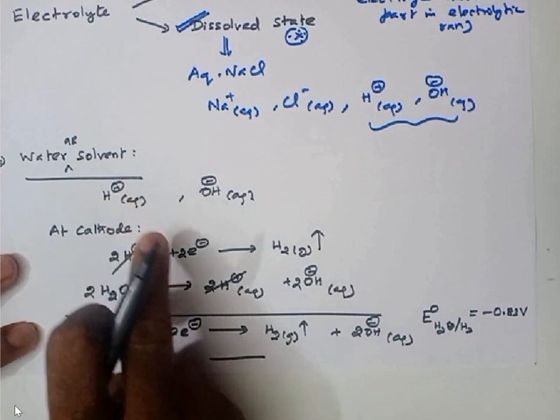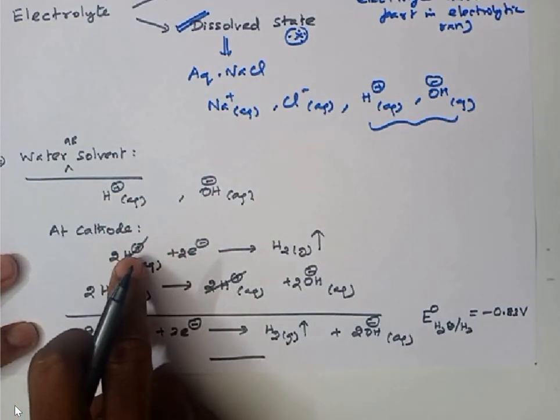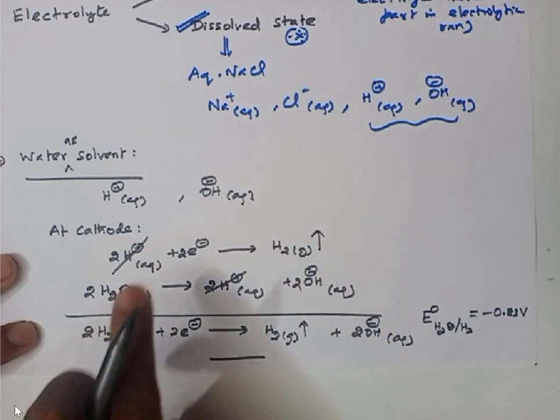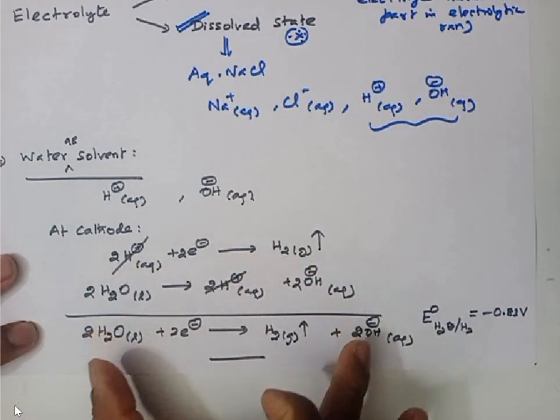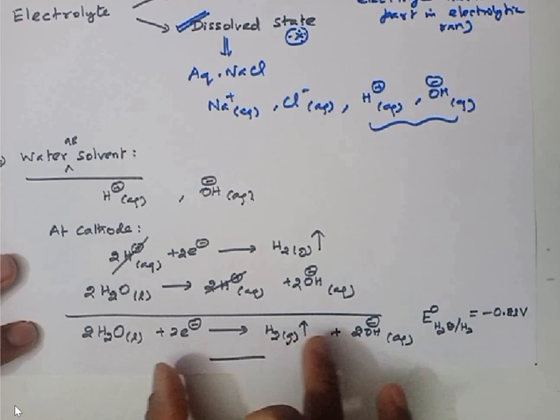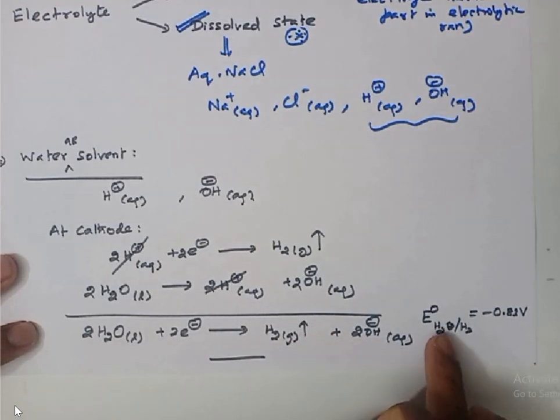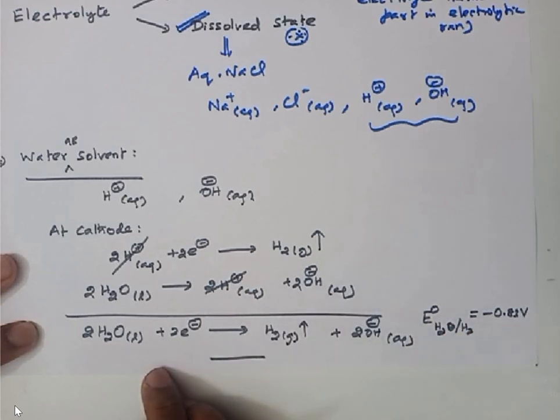This H plus ion approaches the cathode and there is a possibility that H plus can undergo reduction. If H plus undergoes reduction, then the overall reaction for H plus reduction is this, and the reduction potential for this reaction is minus 0.83 volt.